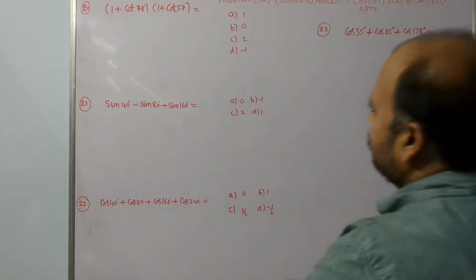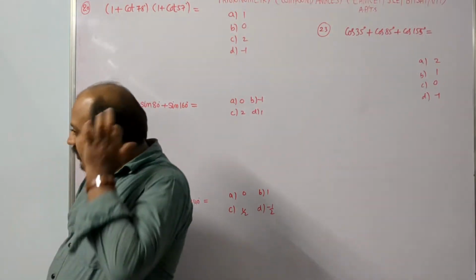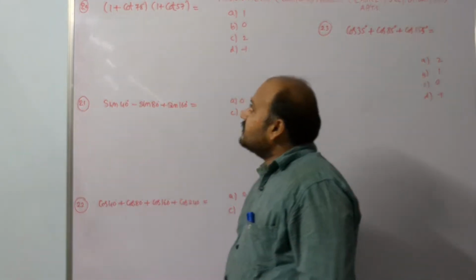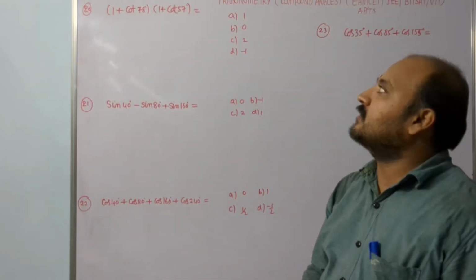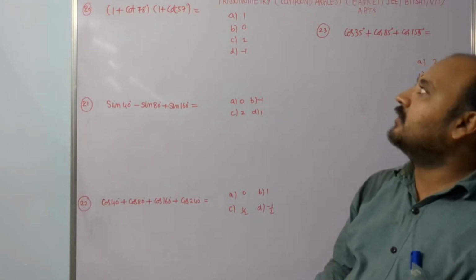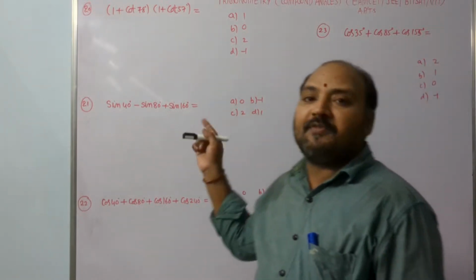Yeah, we'll come to this question. Dear students, 1 plus cot 78 plus 1 plus cot 57. Just check once whether 57 is correct or not. Yeah, correct only.